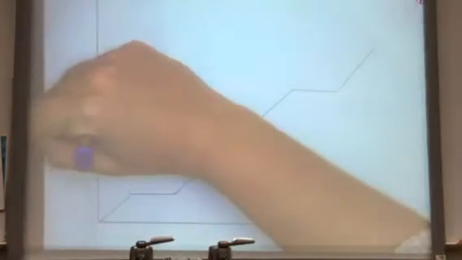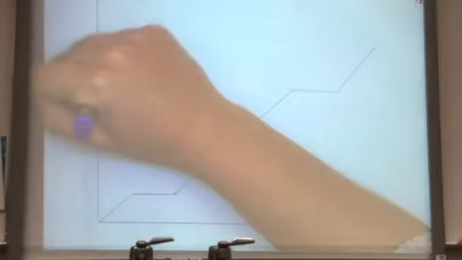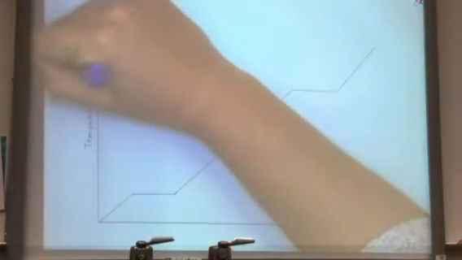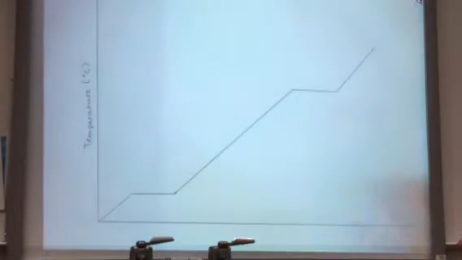As the name suggests, we are going to be looking at temperature changes as a heat curve. So on the y-axis, we are going to label that our temperature. And that unit is going to be in degrees Celsius. Remember, we don't use Fahrenheit in science. So if our temperature is here on our y-axis, down here we have very low temperatures.